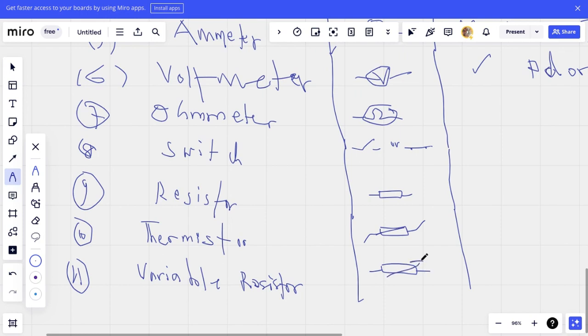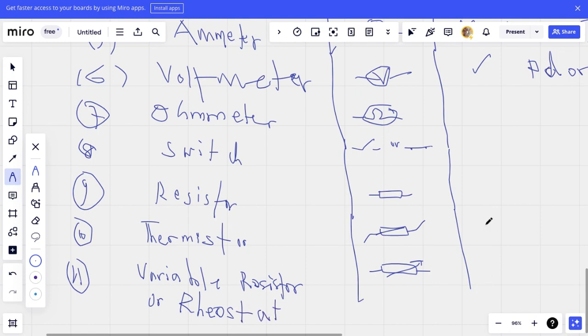We cross it with an arrow. Just draw an arrow on the resistor. So in the exam they may use this name, rheostat. R-H-E-O, rheostat. Okay? A rheostat is a variable resistor.